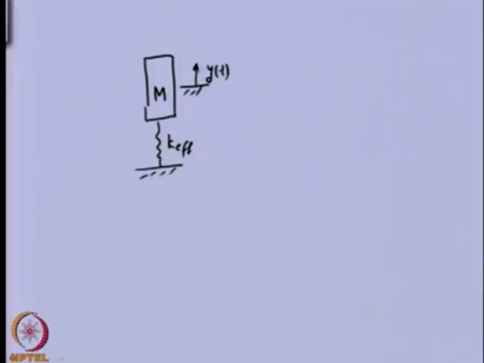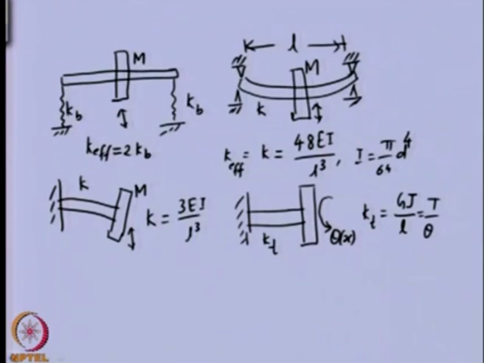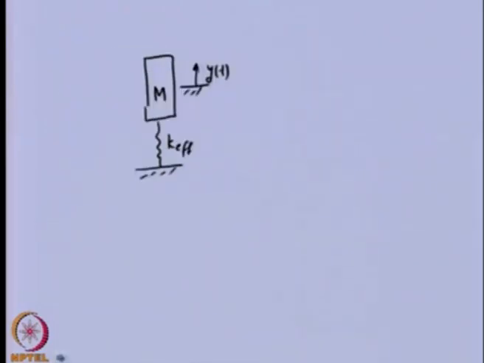If we consider the previous models, the first or second one, we can have a centrifugal force due to the unbalance of the mass, which we can apply on this mass as m e omega square sin omega t, where m is the mass of the rotor, e is the eccentricity, omega is the spin speed of the shaft, and t is the time.